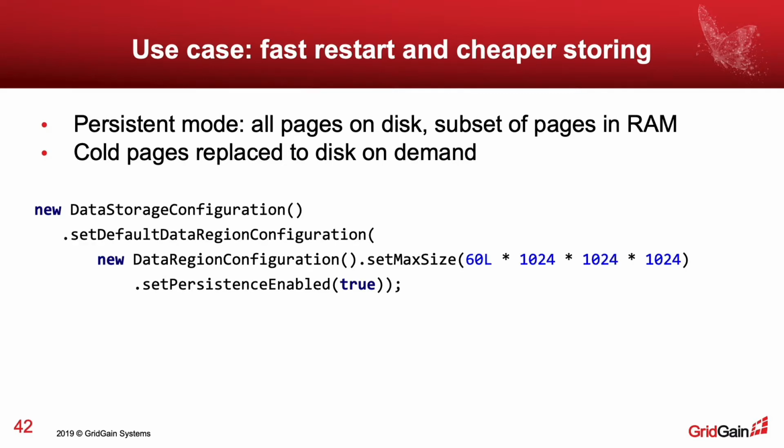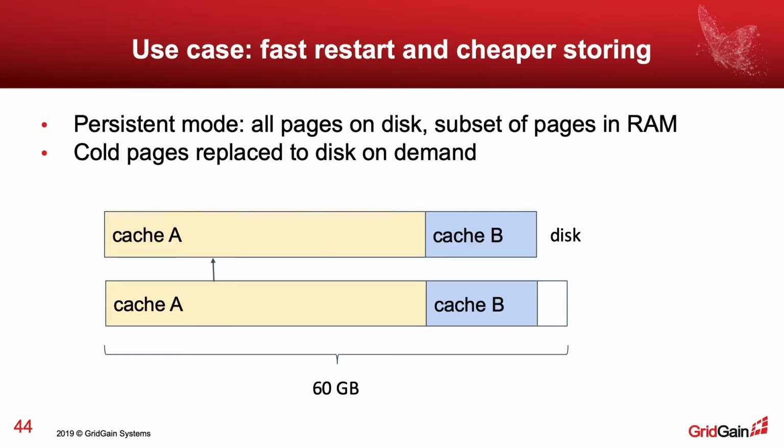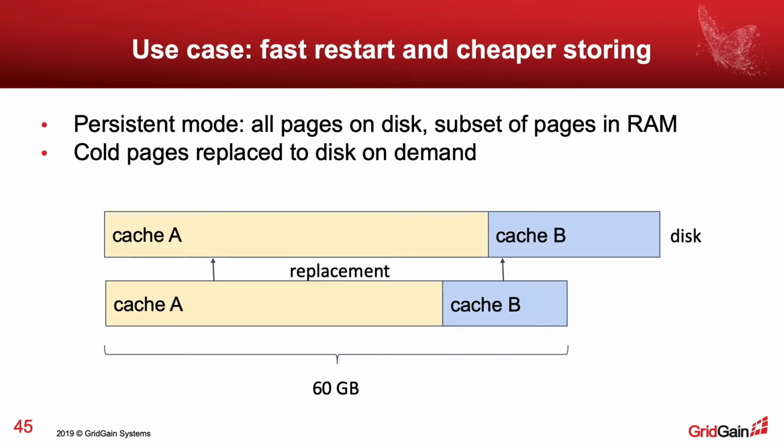It's easy to configure persistent mode in Ignite. You just take your configuration and set the persistence enabled flag to true. And what will happen as a result? When you fill your region with data, data will be present in two places, both in memory and on disk. And then when you continue loading, at some point your in-memory limit will be exceeded, and at that point your oldest and coldest pages will be replaced to disk.